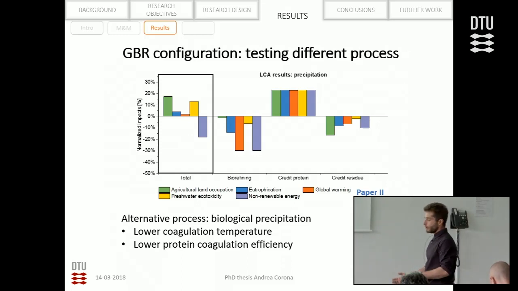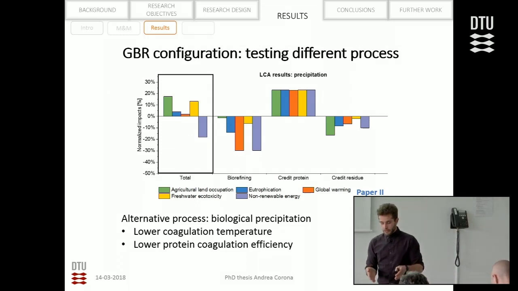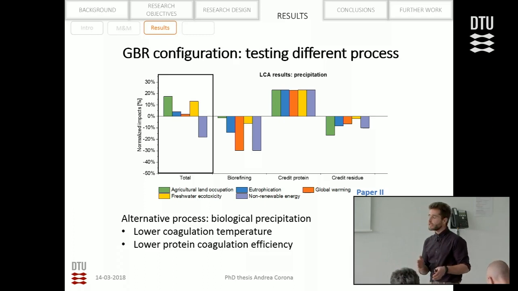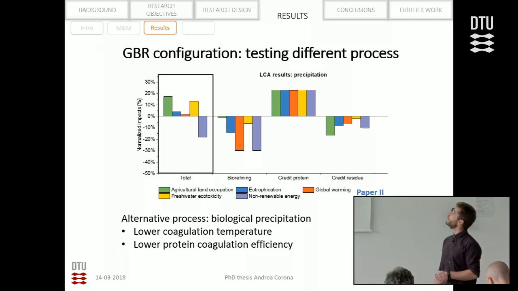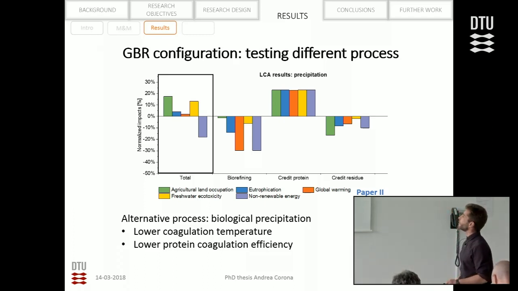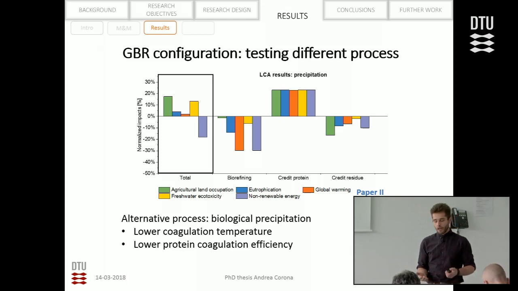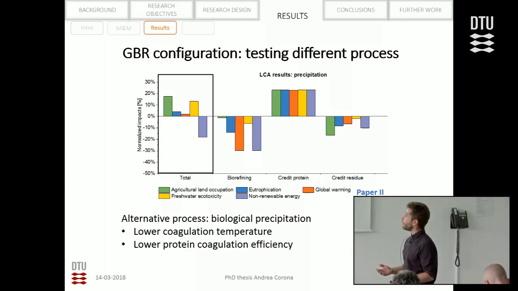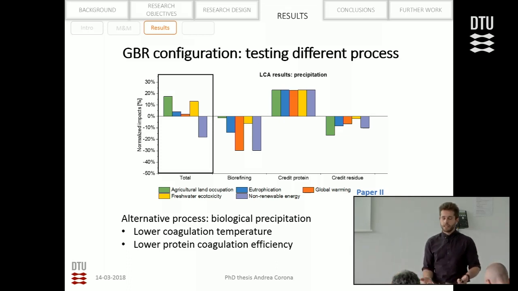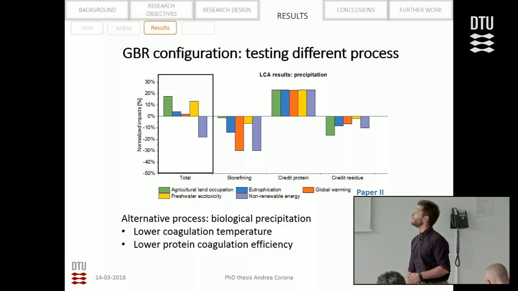Then we move on and we look at the biorefinery in itself. In this case, we tested the alternative processes, and in this graph, I show you the results for one alternative process, which is the precipitation. In this case, the alternative process is a biological precipitation, which mostly requires a lower coagulation temperature, so a lower energy needed, but also it results in a lower protein coagulation efficiency.